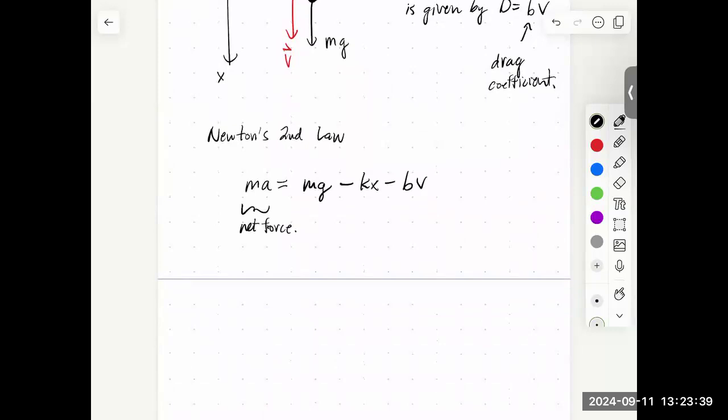Okay, I mean, maybe you can see already that this is starting to look similar, at least in some respects, to our differential equation for the LRC circuit, because we have something that's proportional to a quantity x, and then we have speed. But how are speed and position related? Derivative. So v is dx/dt, and acceleration a is d²x/dt².